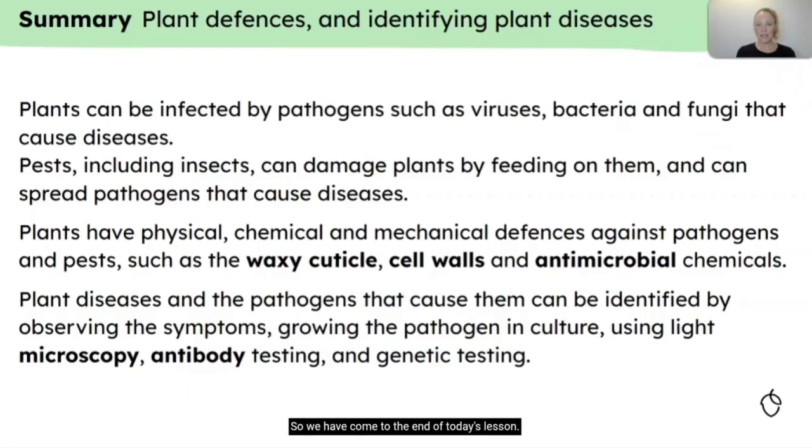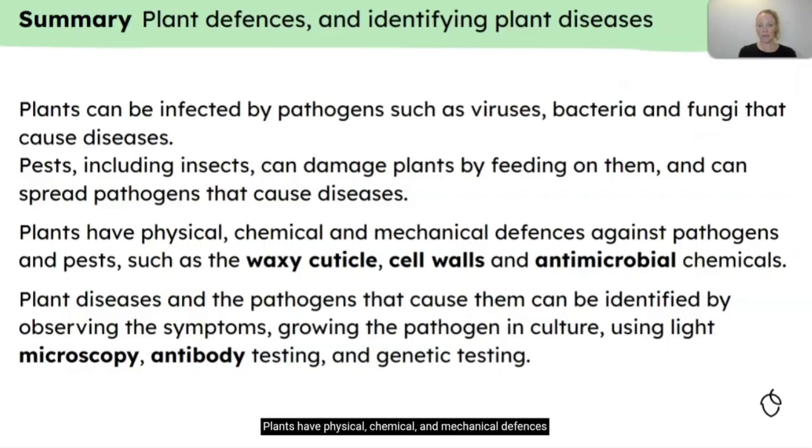So we have come to the end of today's lesson. I would like to just go through the main key learning points for today. Plants can be infected by pathogens such as viruses, bacteria and fungi that cause diseases. Pests including insects can damage plants by feeding on them and can spread pathogens that cause diseases.